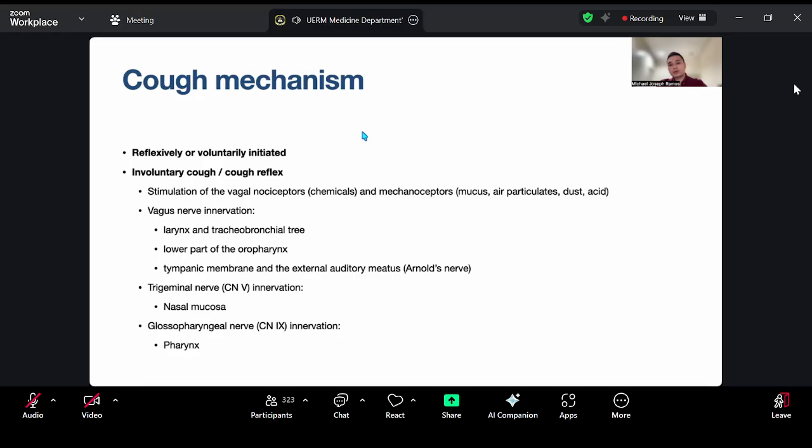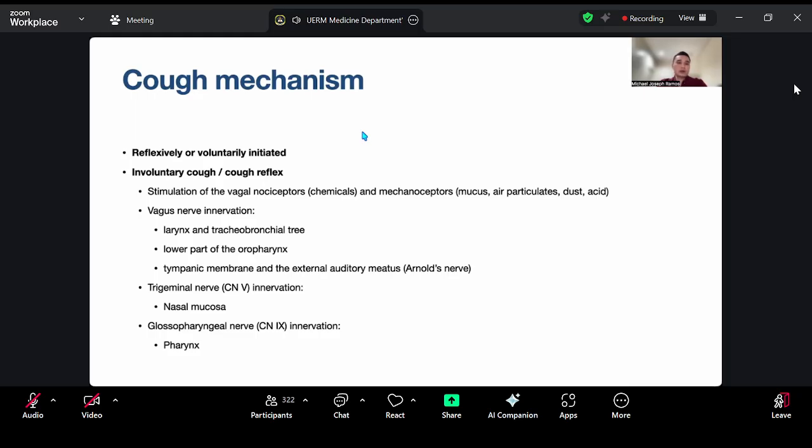But what we will be focusing on today is the involuntary cough, and it is initiated by the stimulation of your chemical and mechanical receptors connected to your vagus nerve, trigeminal nerve, and your glossopharyngeal nerves. And these three nerves form the afferent limb of your cough reflex.